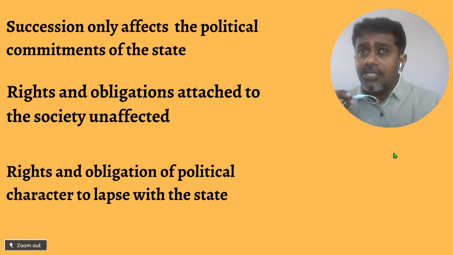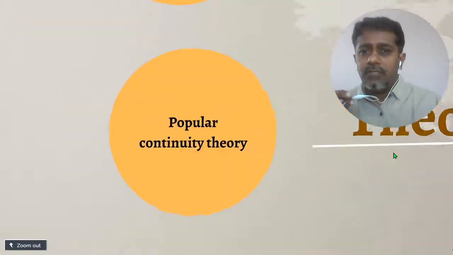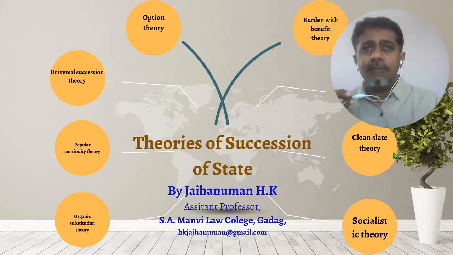So they may change with the change in state or succession of state, whereas other obligations and rights connected with the territory and population remain intact. So that's with respect to popular continuity theory.